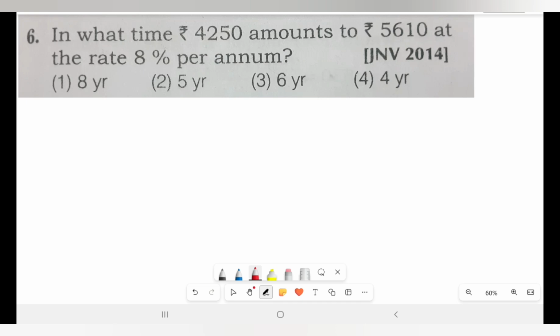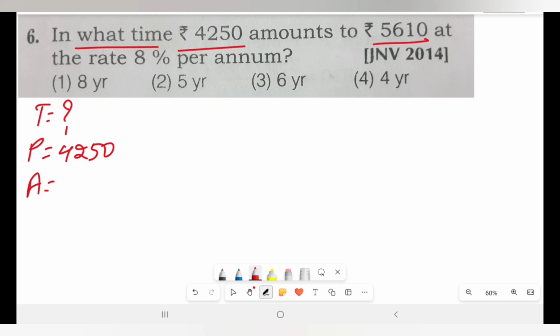Here in this question, we have been asked to find the time period. The initial amount, that is the principal amount, is 4250. The amount is 5610, that is the total amount, at the rate of interest 8%, that is R is equal to 8%.